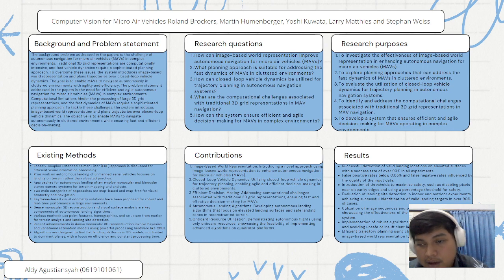Implementation of a robust algorithm for detecting safe landing zones and avoiding unsafe or insufficient landing areas. Efficient trajectory planning using closed-loop vehicle dynamics and image-based world representation for agile and accurate navigation. So this paper is about automation of landing MAVs, or micro air vehicles, or shall we call them drones.